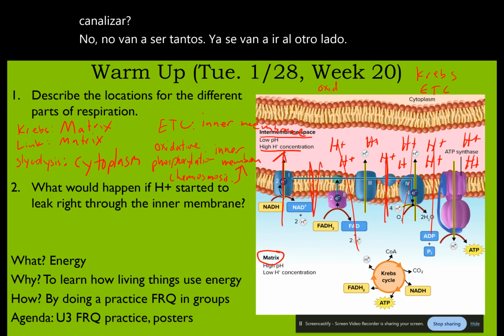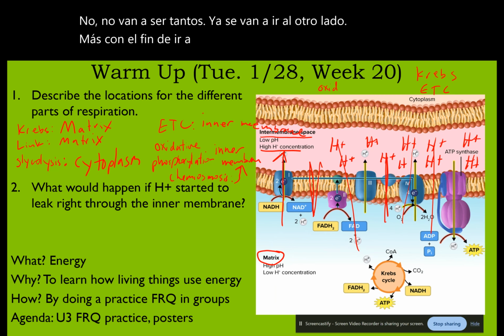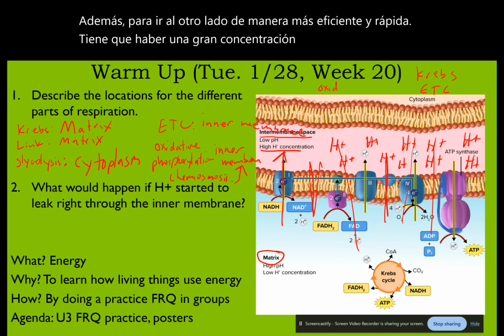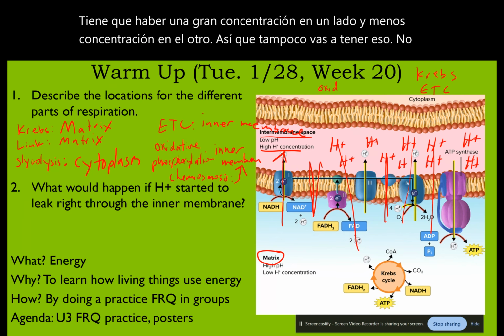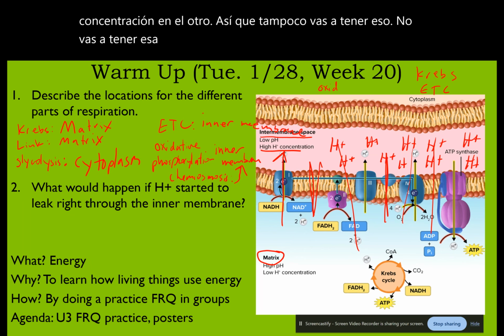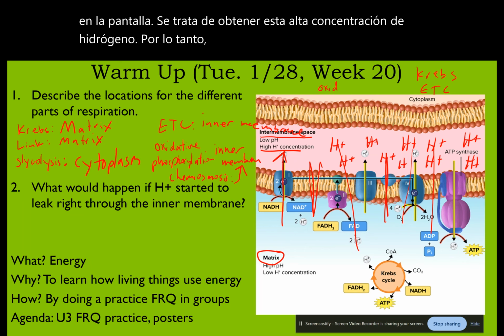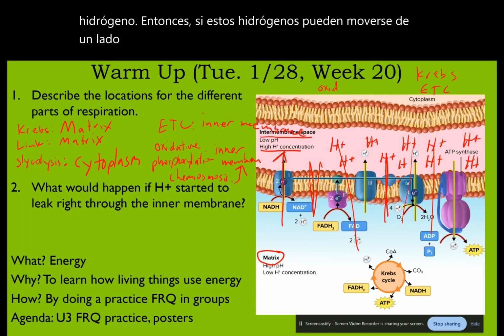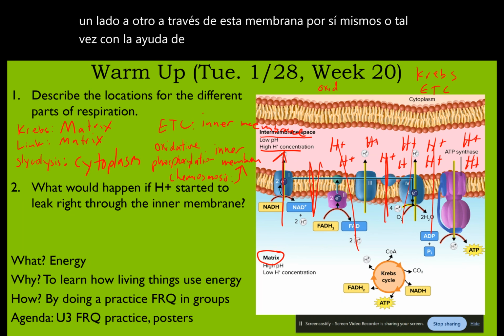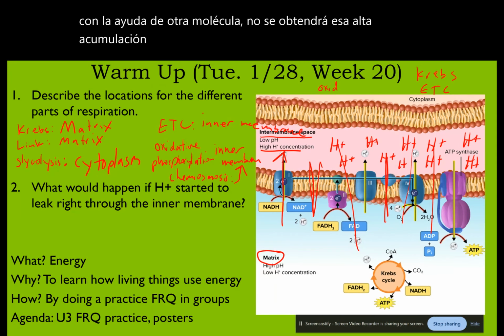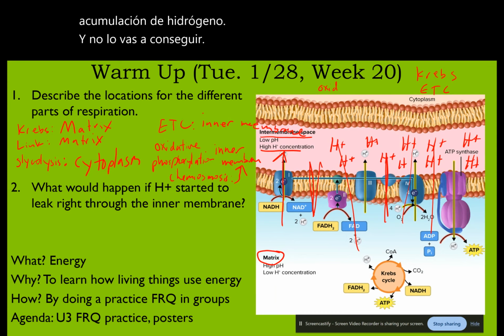Plus, in order to go to the other side more efficiently and quickly, there's got to be a big concentration on one side and less concentration on the other. So you're not going to have that either. You're not going to have that high concentration buildup like you see on the screen. It's all about getting this high concentration of hydrogen. So if these hydrogens can just move back and forth across this membrane on their own, or maybe with the help of another molecule, you're not going to get that high buildup of hydrogen, and you're not going to get as many hydrogens moving through here.